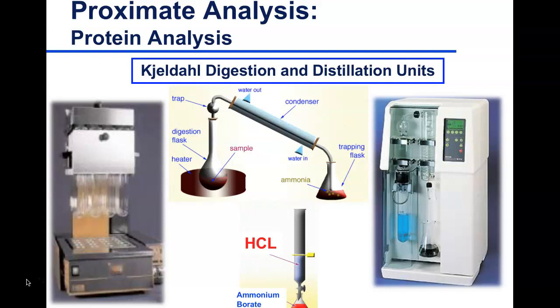Here's the distillation unit here. Why is this blue? The picture. Amy. Copper. Yeah, the copper from the catalyst. So you get some blue color, you'll get some yellow color, some red color, some black color if you start from the beginning when you do this assay. So then the distillation unit, and then you would take the sample and you would titrate the borate ions with HCl.